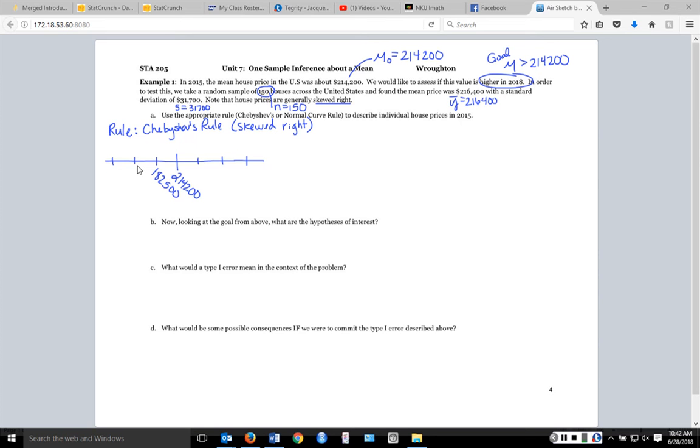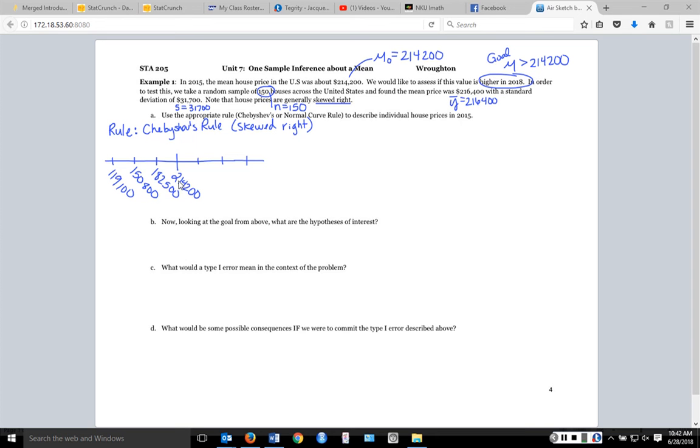Subtract it off again, so subtract off another $31,700, and we get $150,800. And subtracting it off one more time, we get $119,100. Now going in the other direction, we're going to be adding the $31,700.